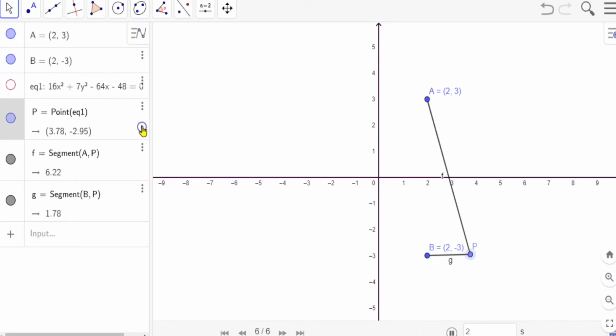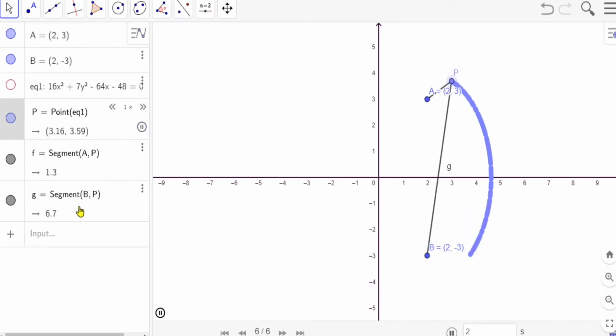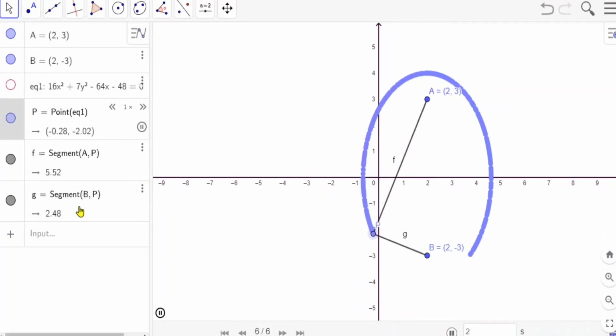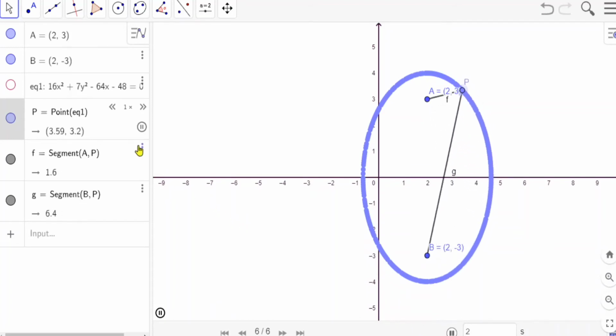So when it is moving, what are you getting? You are getting an ellipse. Is this ellipse our result or not? You see friends? Yes, it is. So is it verified or not? Is it clear for everyone?